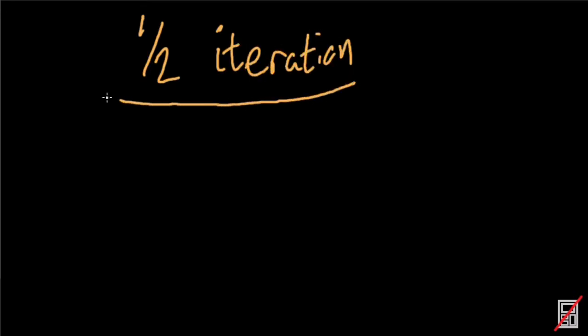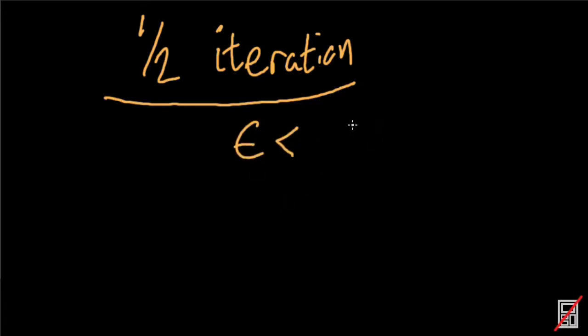So how do we get to our third method, which I'll call the half iteration? Our idea for the half iteration is that we had a lower bound as well.